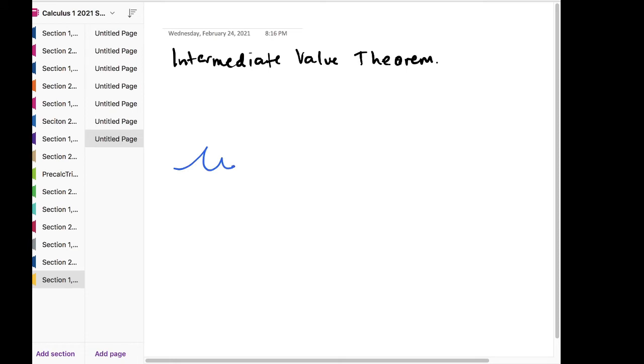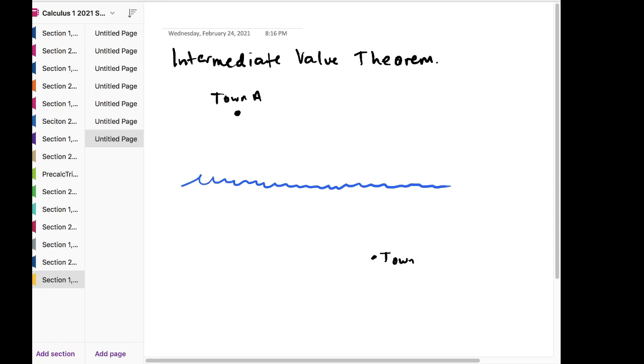Here's my intermediate value theorem. Here's town A, and here's town B. Let's suppose you want to walk from town A to town B. Yes, it's about continuity.